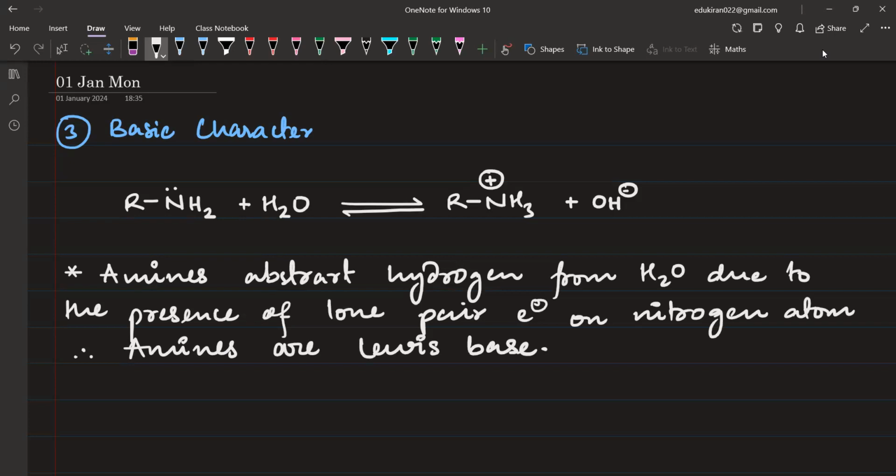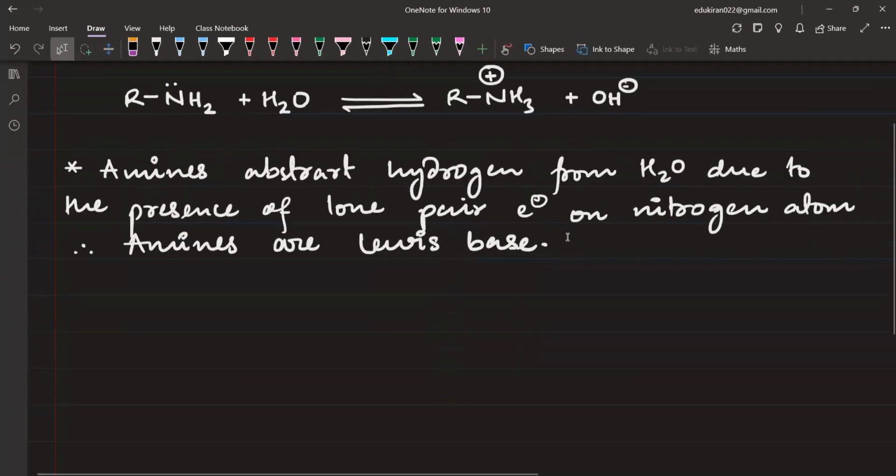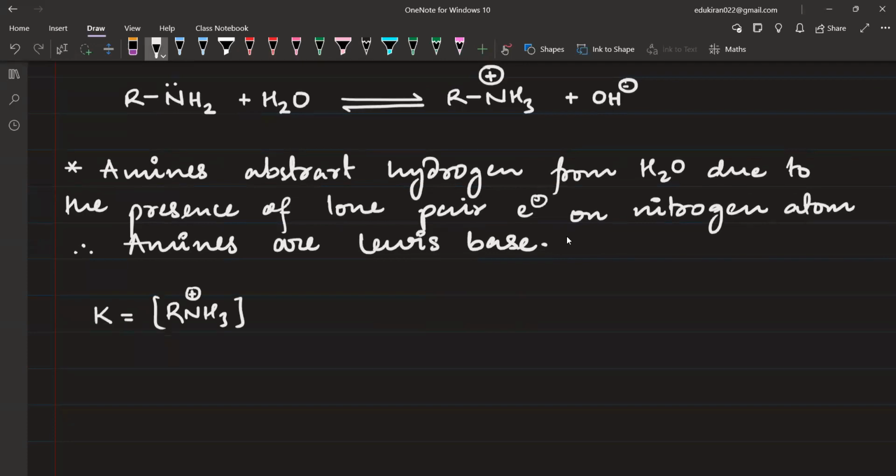The species which can donate an electron pair are known as Lewis bases. And in order to know the basic strength, we should write the equilibrium constant for this reaction, which will be the concentration of protonated amine RNH3+ and OH negative divided by the reactants, that is amine and water.